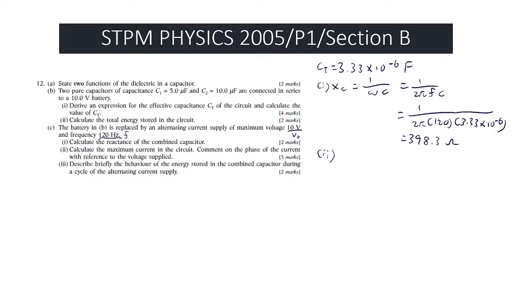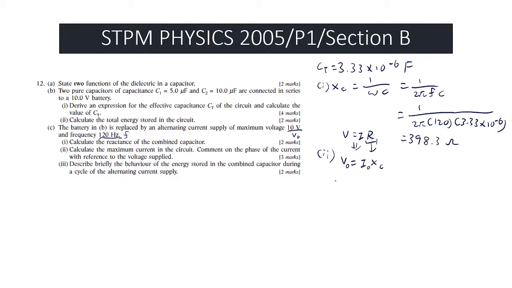So calculate the maximum current in the circuit and comment on the phase of the current with reference to the voltage supply. So here V is equal to I XC. In our case, we want the maximum, so V naught is equal to I naught XC, and this is basically Ohm's law, V equals IR, but in alternating current, this R is replaced by this XC. In this case, actually it can be others like the Z or the XL, but here we only consider a capacitor, so we use XC.